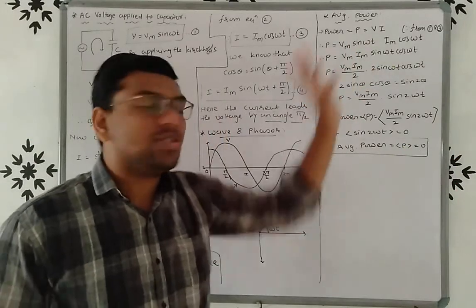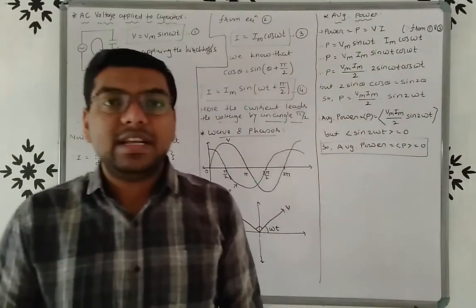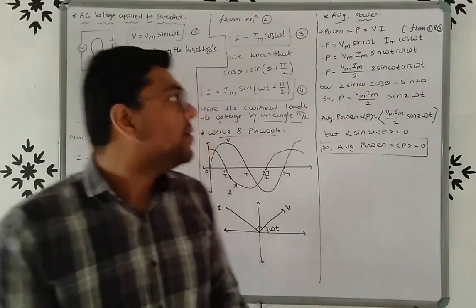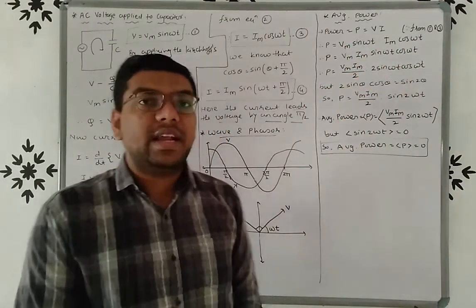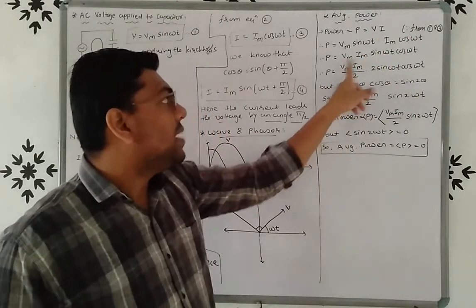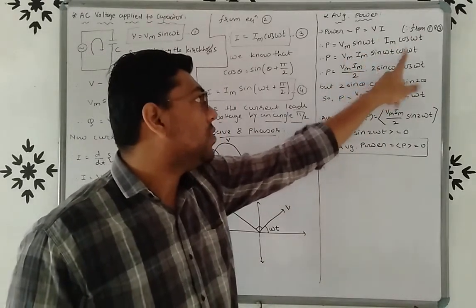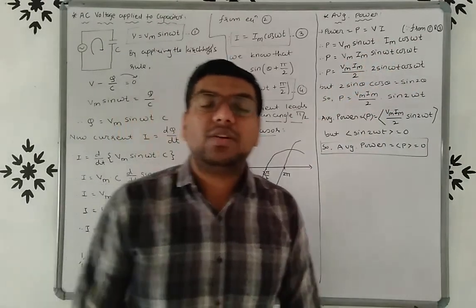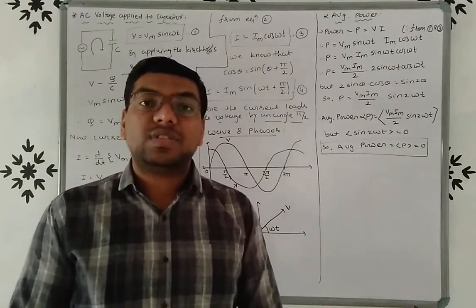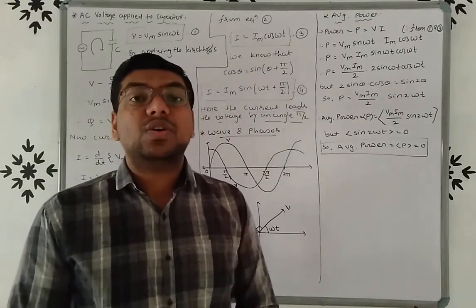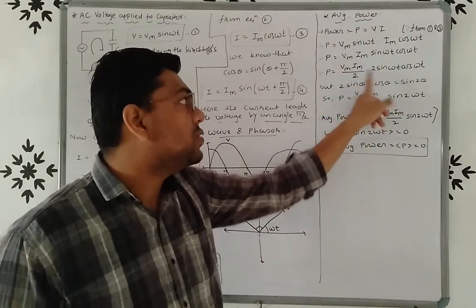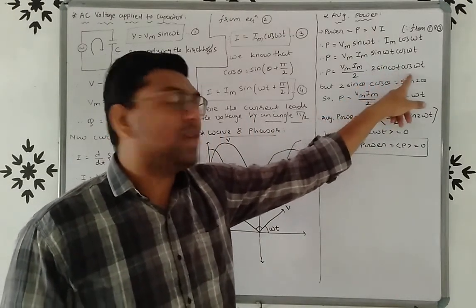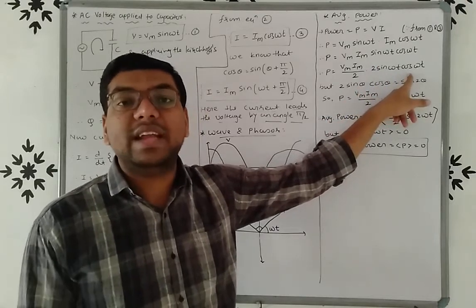So P = Vi, we already know the equation of voltage and current, Vm sin omega t, Im cos omega t. So Vm Im sin omega t cos omega t, and we know that 2 sin theta cos theta is equal to sin 2 theta. So we multiply and divide this equation by 2. So 2 sin omega t cos omega t is equal to sin 2 omega t.